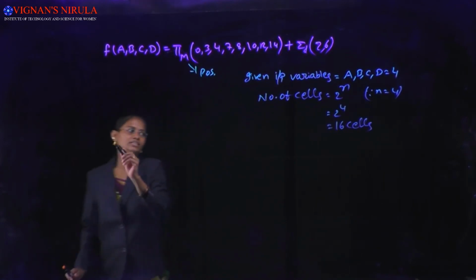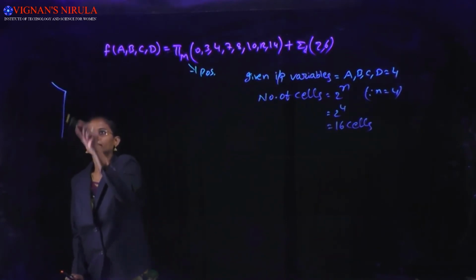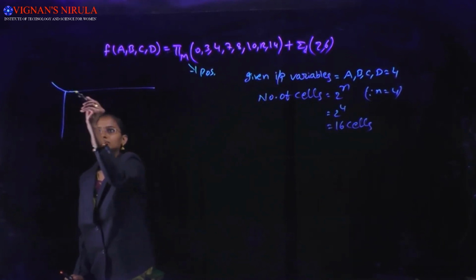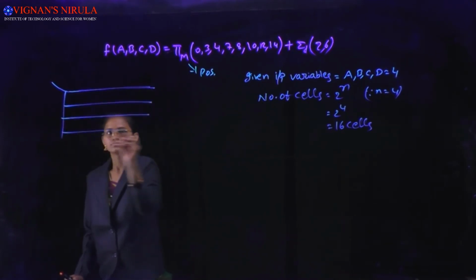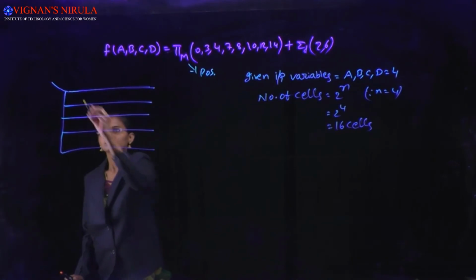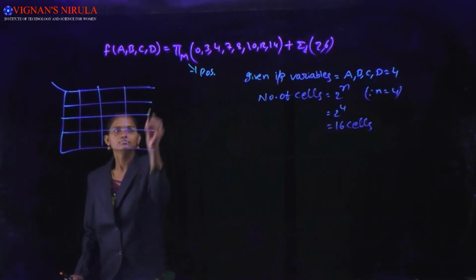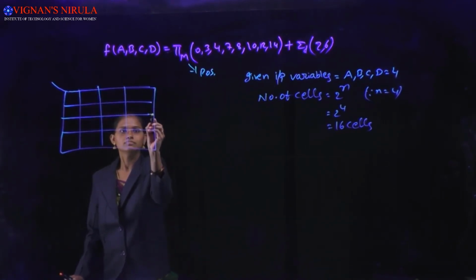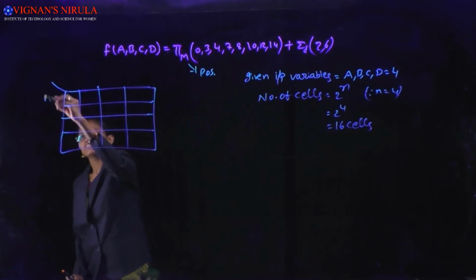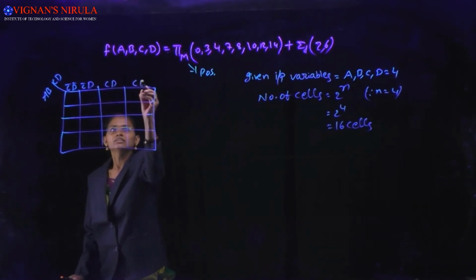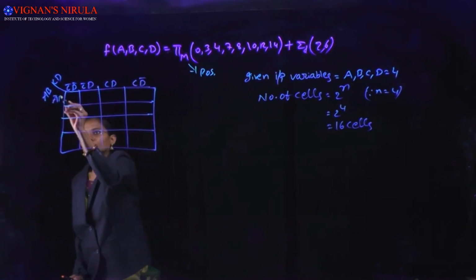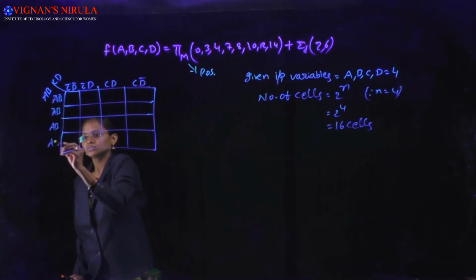So we draw the 16 cell K-map. The input variables are A, B, C, D, with C bar D bar, C bar D, C D, C D bar, and A bar B bar, A bar B, A B, A B bar.